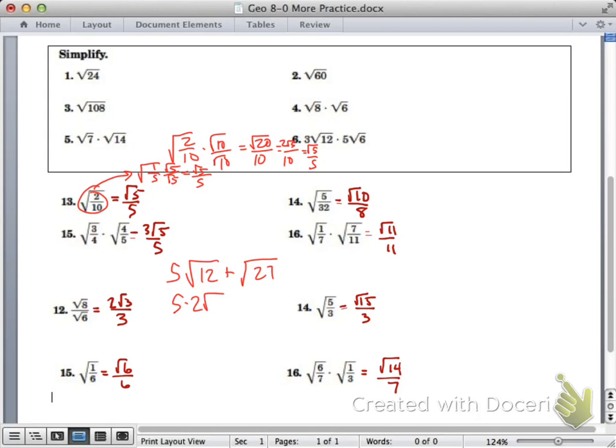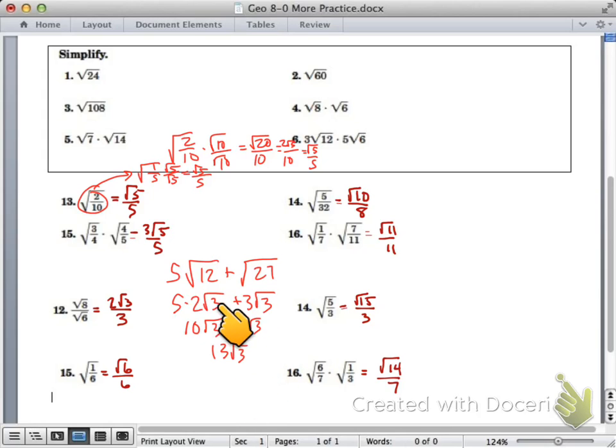Square root of 12 becomes 2 square root of 3. Square root of 27 is 3 square root of 3. 5 times 2 square root of 3 is 10 square root of 3 plus 3 square root of 3. Now we can combine those like terms. 10 square roots of 3 plus 3 square roots of 3 gives you 13 square roots of 3.